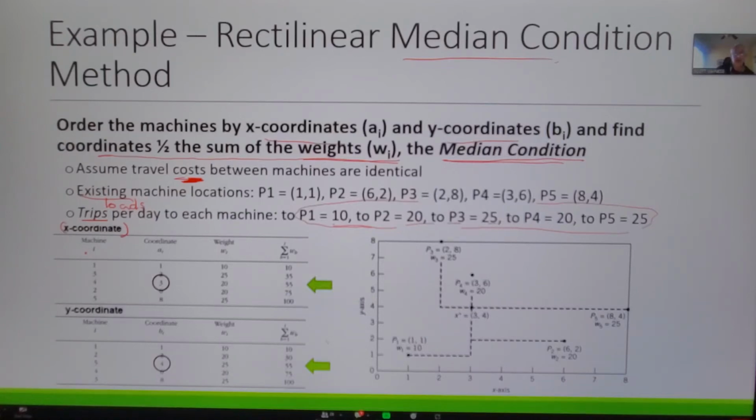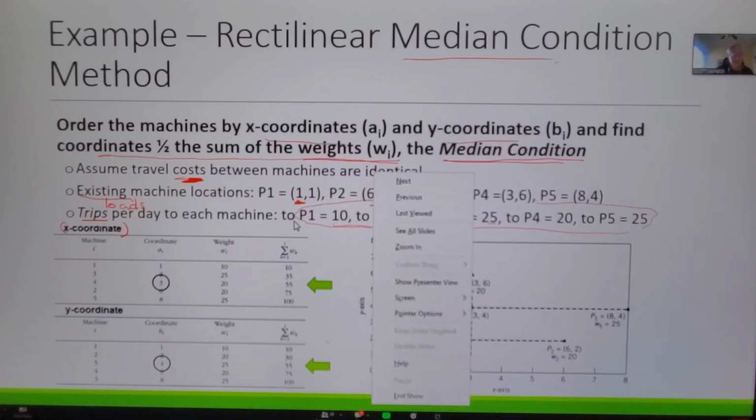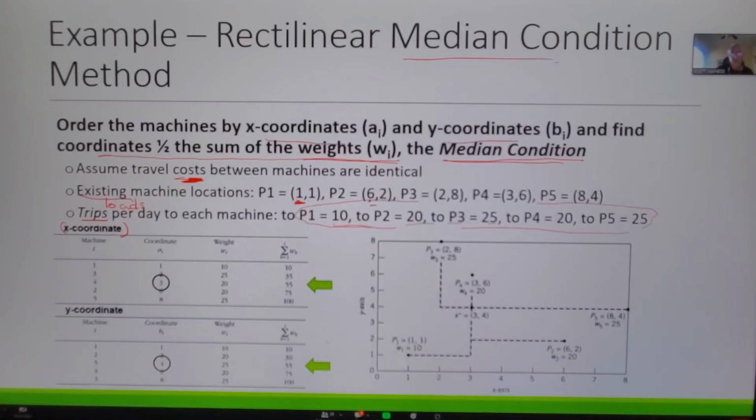Now we're going to order them in sequence in the X direction. So notice that P1, its X is at 1, P2's X is at 6, P3 is 2, P4 is 3, P5 is 8. All right? So what I'm going to do is order them in sequence.